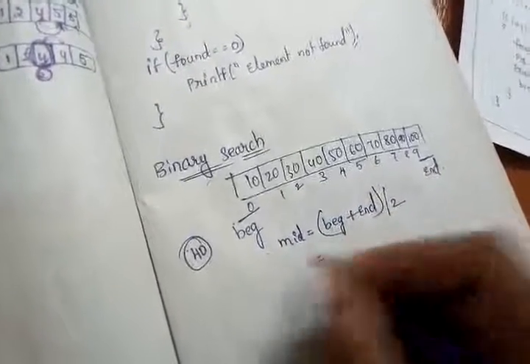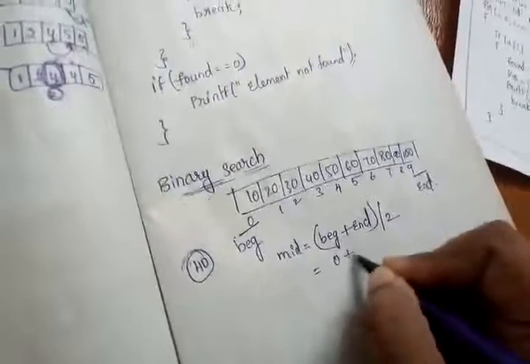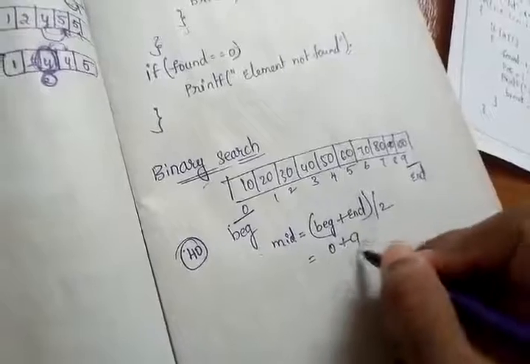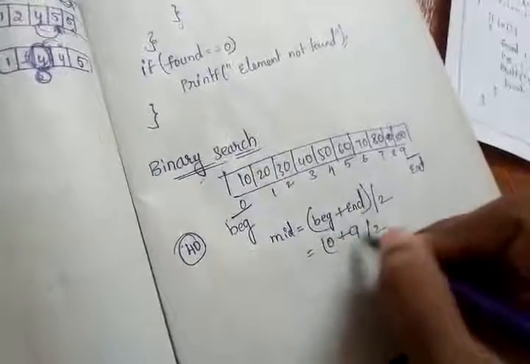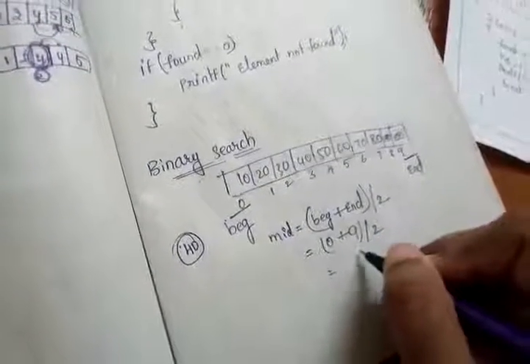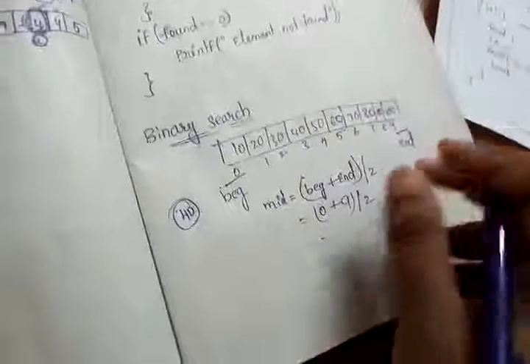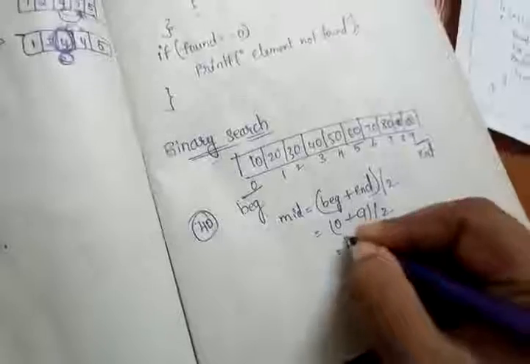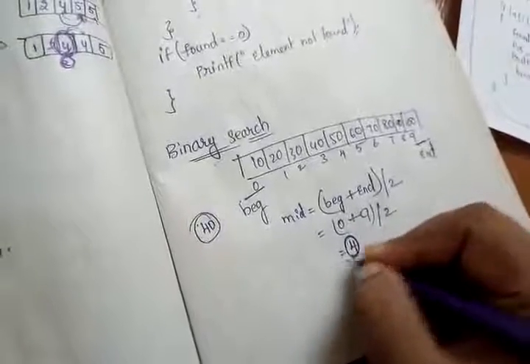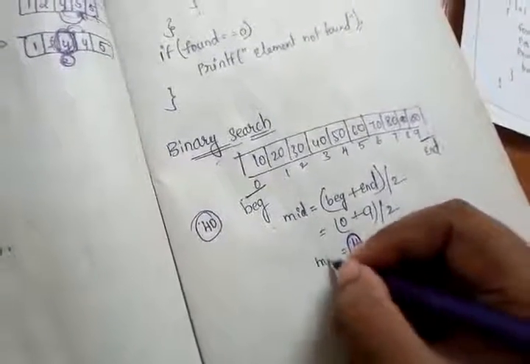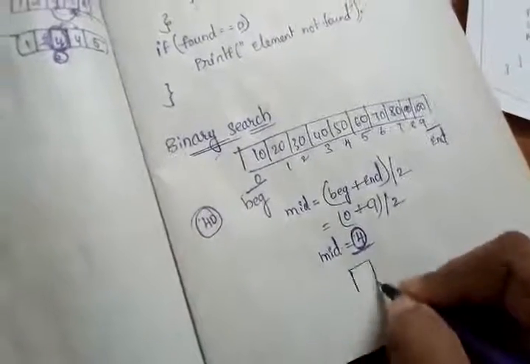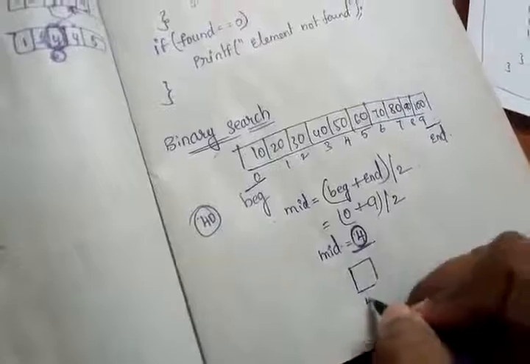Here the beginning index is 0 plus the end index is 9, so 0 plus 9 by 2. 9 by 2 is actually 4.5, but as they are integers we'll get the answer as 4. So the element at index 4 will become the middle element. Based on that middle element, we'll make the array into two halves.